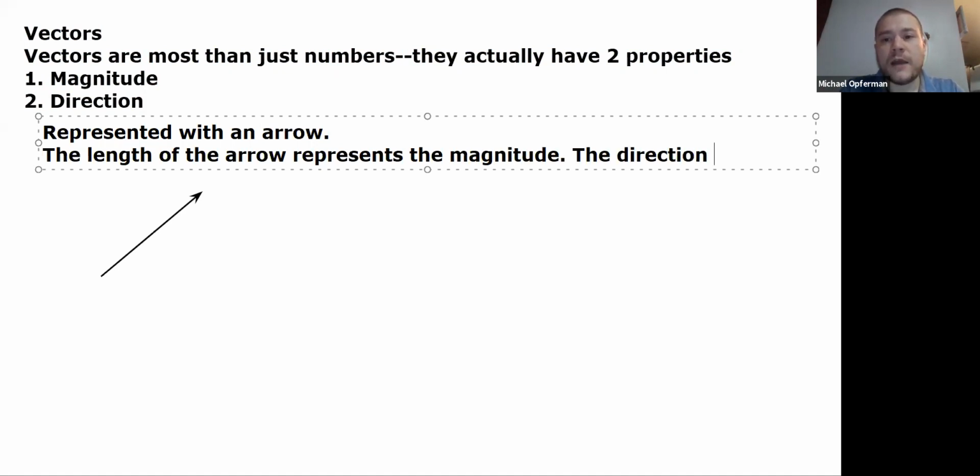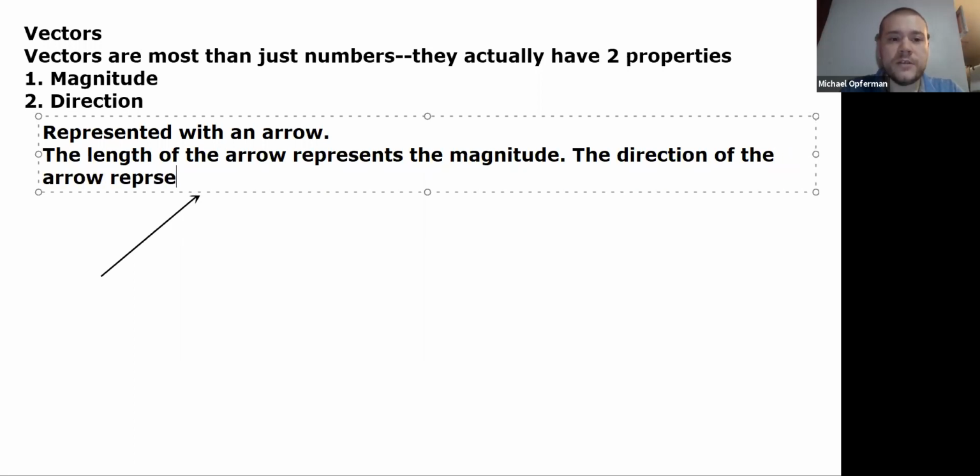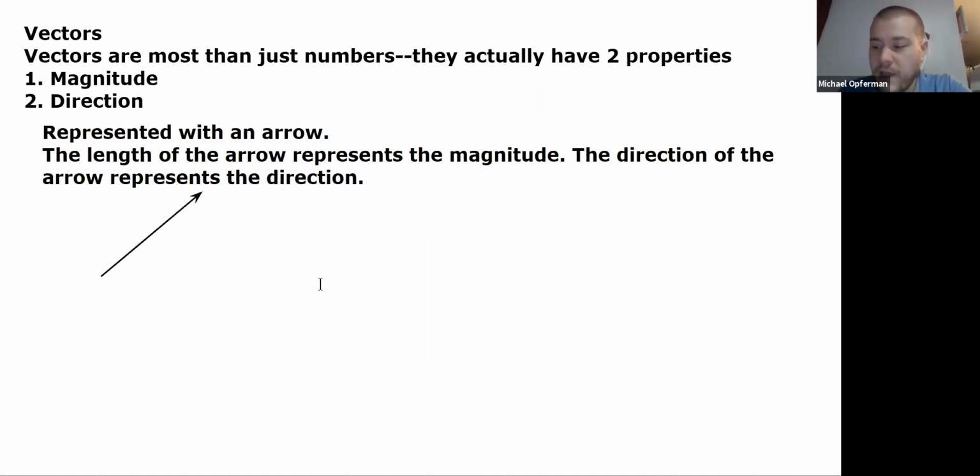And of course, the direction of the arrow represents the direction, not surprisingly. So for instance, for the vector that I drew here, the magnitude of the vector is that actual length there.